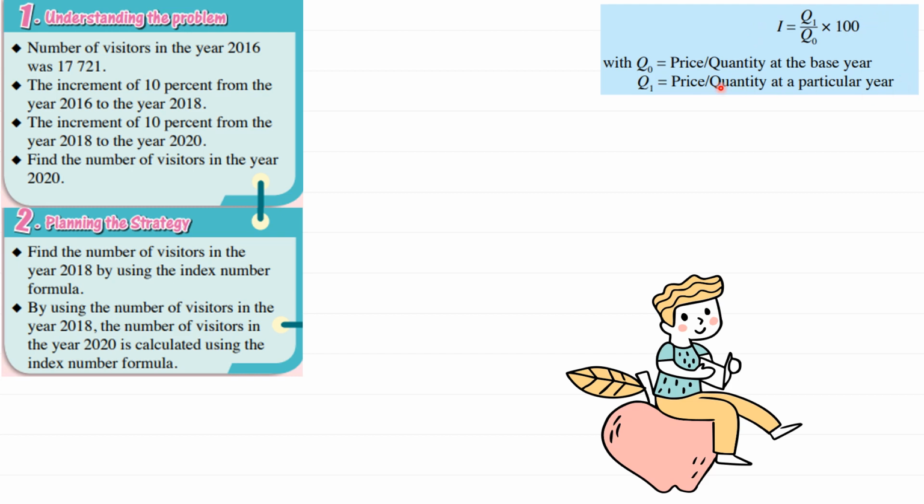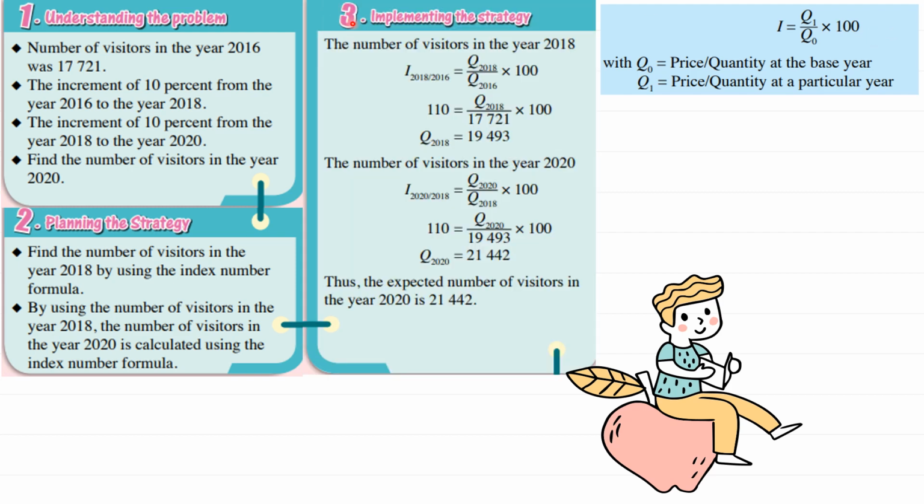In case you still cannot remember, I is Q1 over Q0, particular year over base year, times 100. So how to implement the strategy? We are going to find the number of visitors in the year 2018. The index number for 2018 based on 2016 is equal to the quantity of visitors for 2018 divided by the quantity of visitors for 2016, times 100.